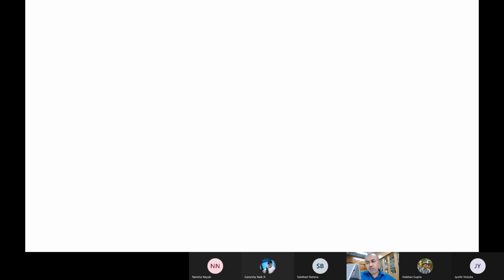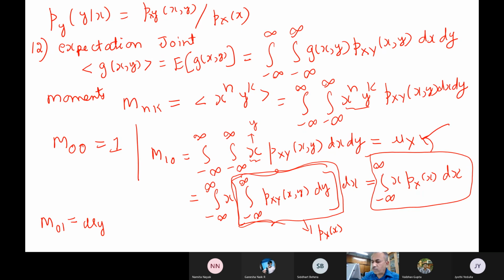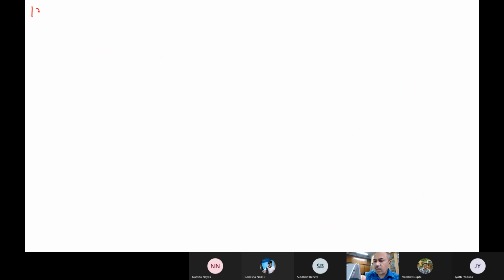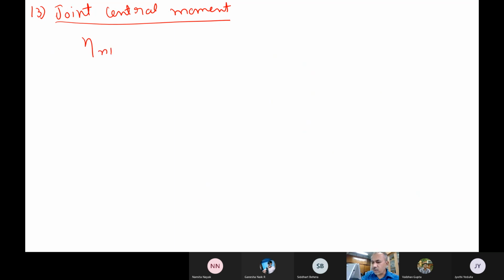Like that you can create many moments, for x and y. Another moment people generally use, where interesting things come up, is the joint central moment, that is, after subtracting the mean values, like we also did for the previous case. They are indicated by the eta symbol, eta n comma k, which is (x minus mu x) to the power of n, times (y minus mu y) to the power of k.